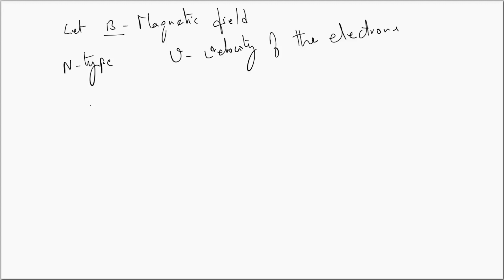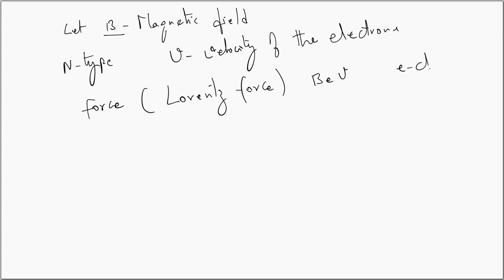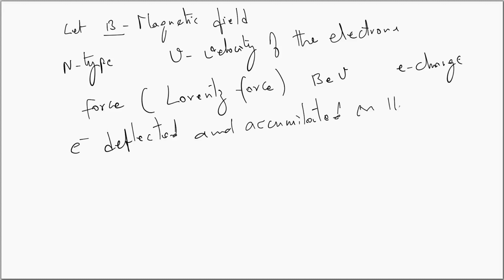The electrons will experience a force, that is the Lorentz force, due to the presence of the magnetic field. The force is given by Bev, where e is the charge of the electrons. Due to this particular force, the electrons will be deflected and accumulated on the edge.